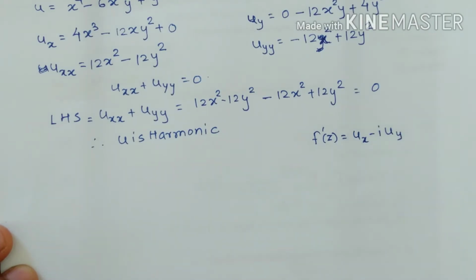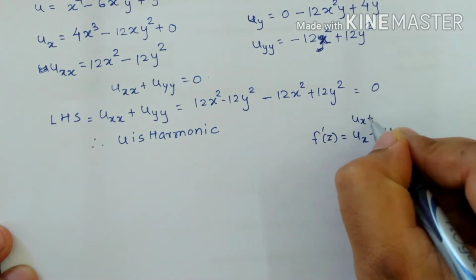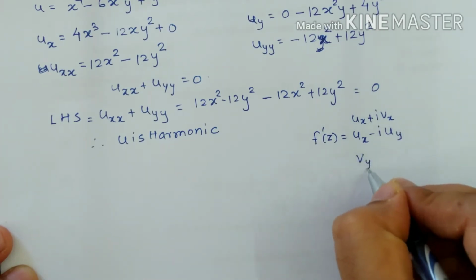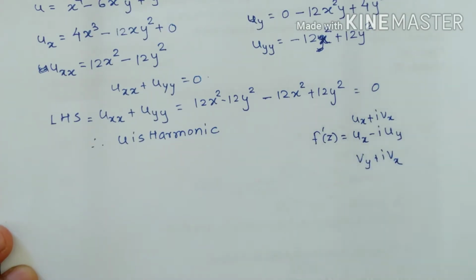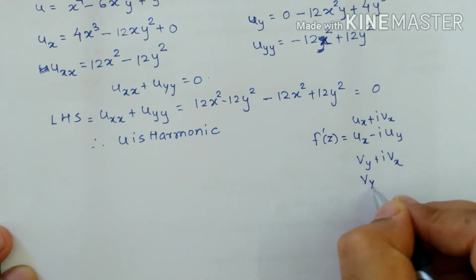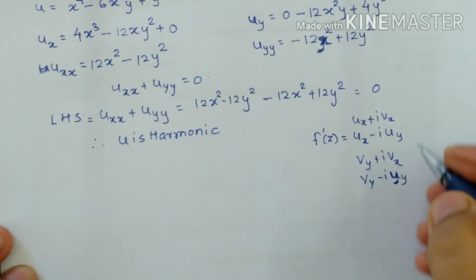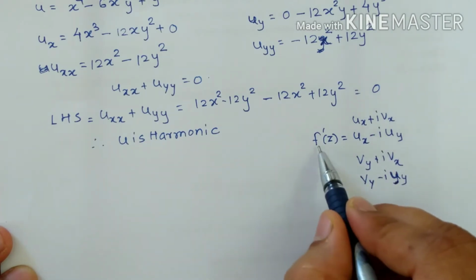We have seen a total of 4 different statements for getting the f dash of z. One statement is ux plus i vx, another is vy plus i vx, then vy minus i uy, and ux minus i uy. So these are the four different statements for getting the f dash of z.